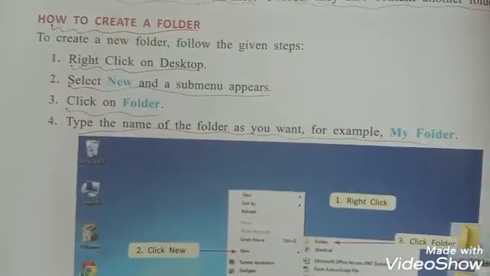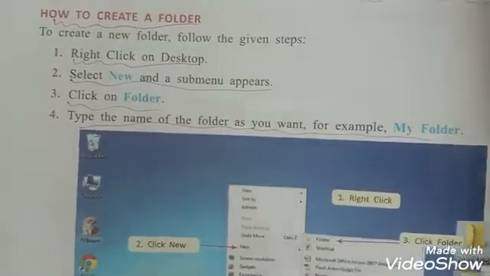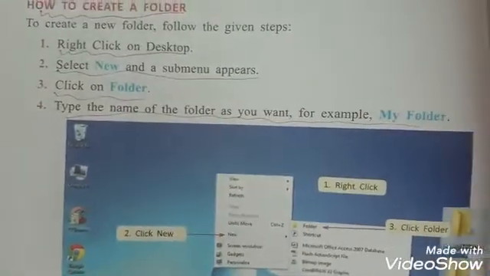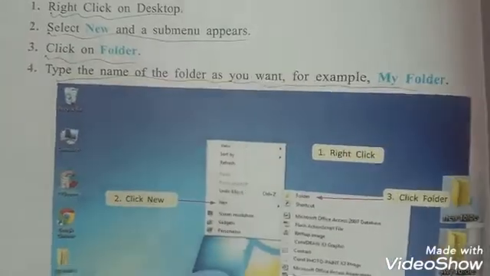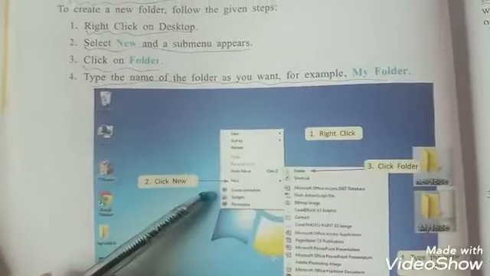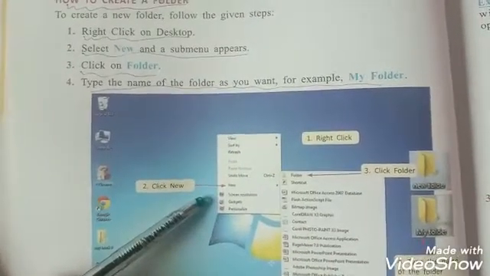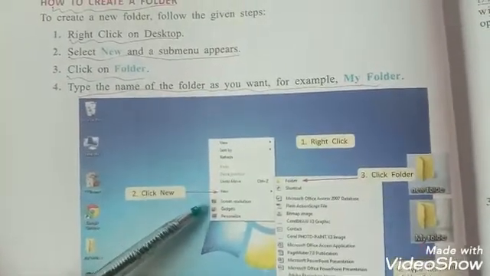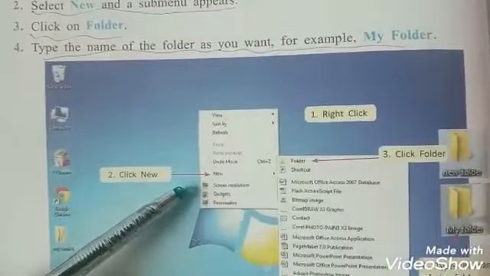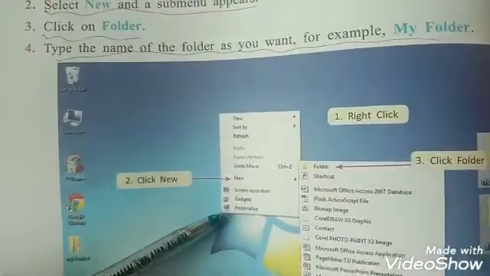Next topic is how to create a folder. To create a new folder, right click on the desktop by using mouse. When we right click, this menu will appear on the computer screen.